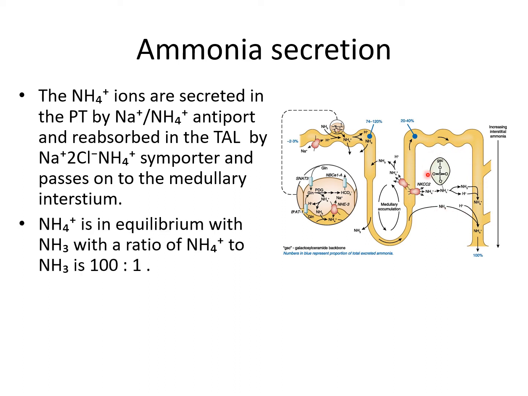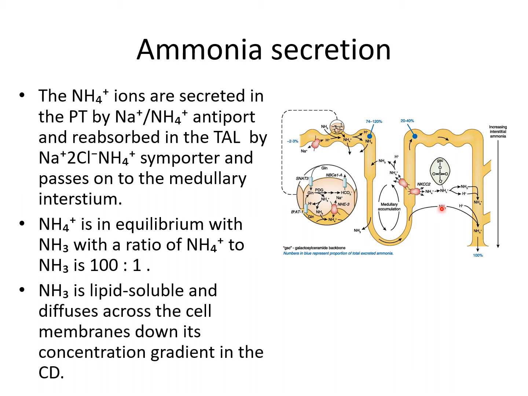Now, this ammonia in the medullary interstitium is again in equilibrium with NH3 with a ratio of NH4+ to NH3 of 100:1. So, out of 100 NH4+, there is formation of 1 NH3. Now, this NH3 is lipid soluble, and it easily diffuses across the cell membrane down the concentration gradient into the collecting duct.